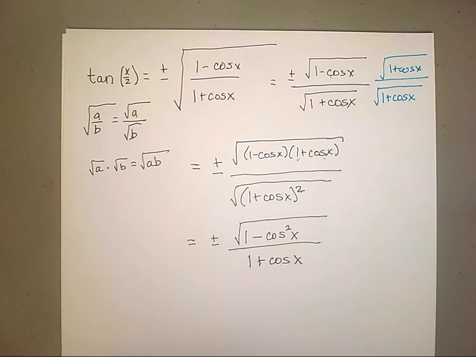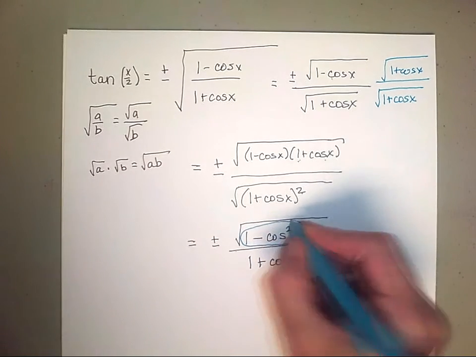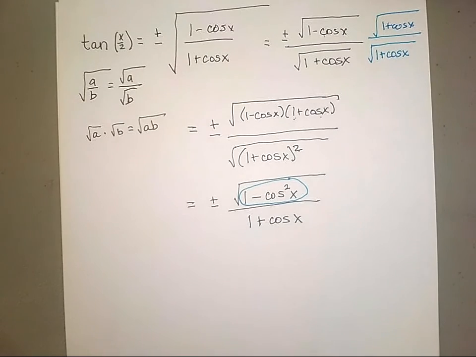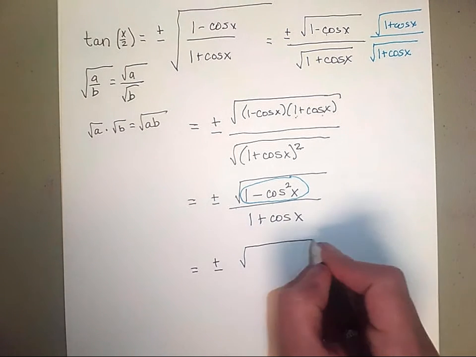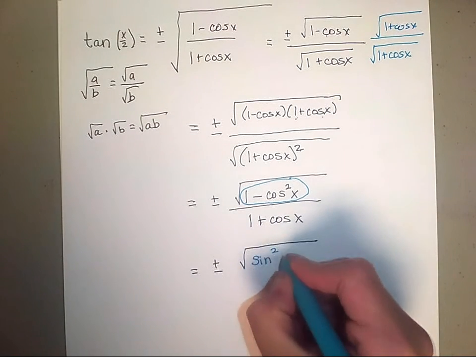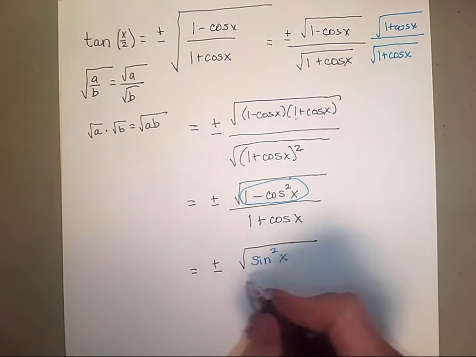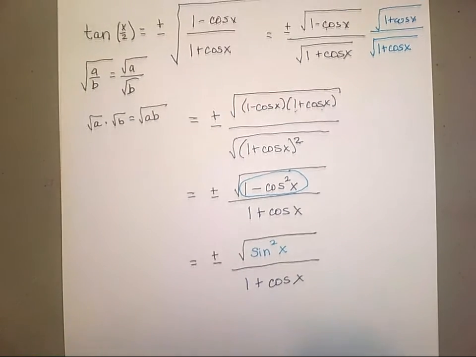Now I'd like for all of the radicals to be gone, if possible. So I think to myself, well, here I have a 1 and a cosine squared. I should be thinking of Pythagorean identities. So plus or minus 1 minus cosine squared is sine squared over 1 plus the cosine of x.